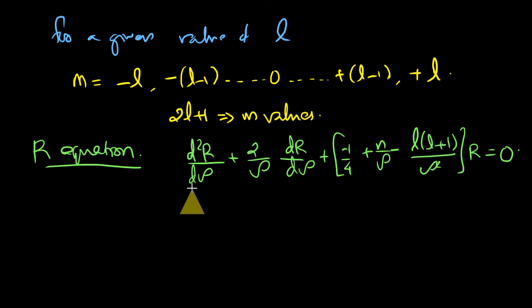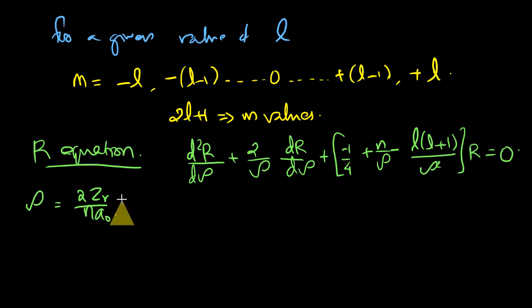This was one of the modified R equations, right? And here rho is 2Zr divided by n a0. So rho is depending on r, right?